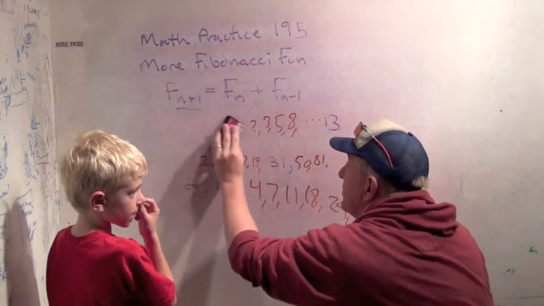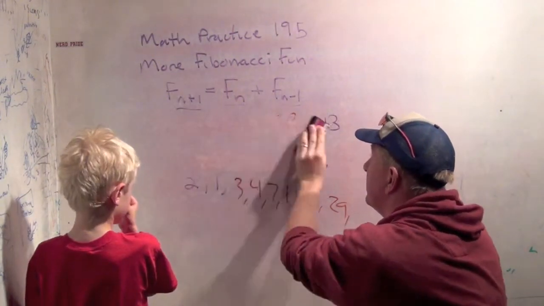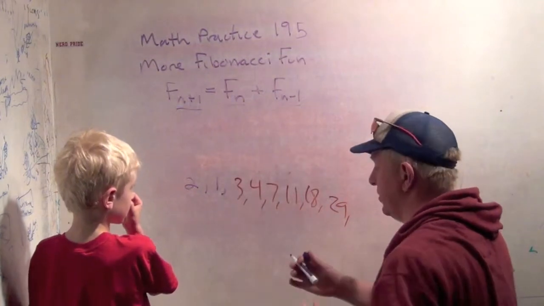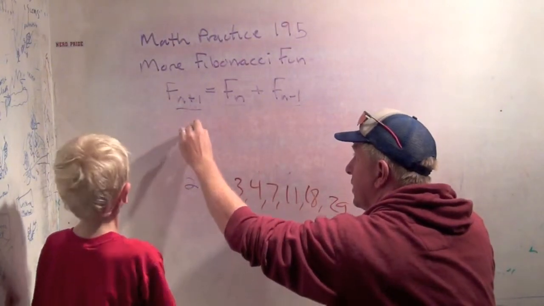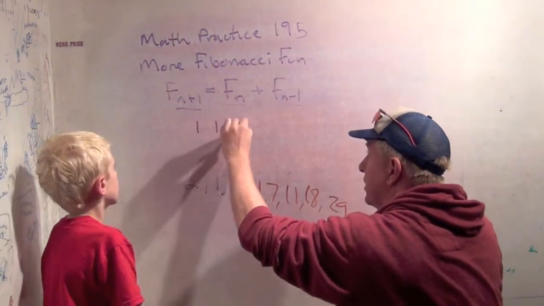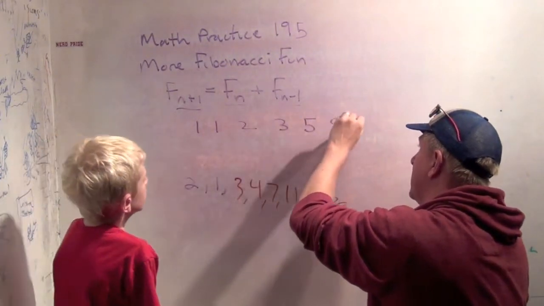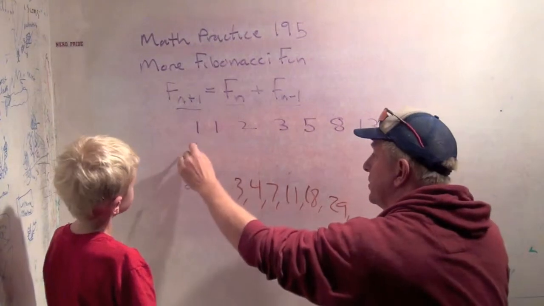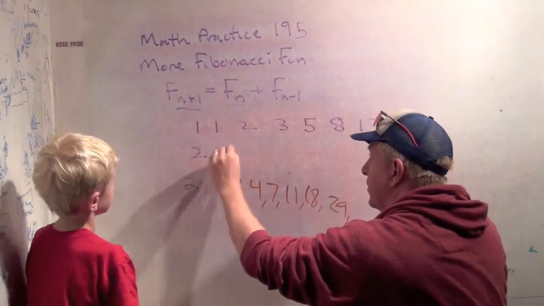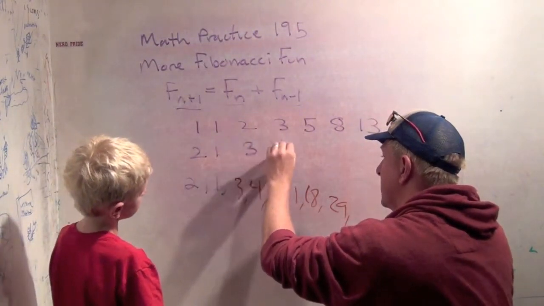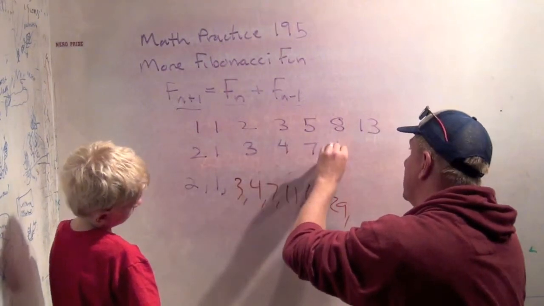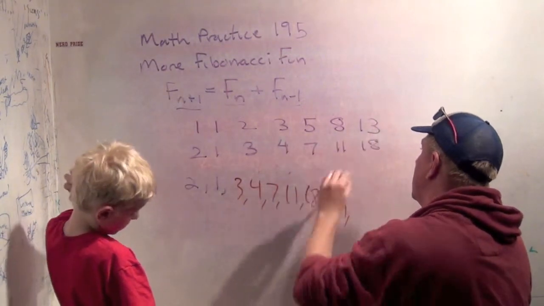So we have the Fibonacci numbers and we have the Lucas numbers. The Fibonacci numbers go 1, 1, 2, 3, 5, 8, 13. And the Lucas numbers go 2, 1, 3, 4, 7, 11, 18.